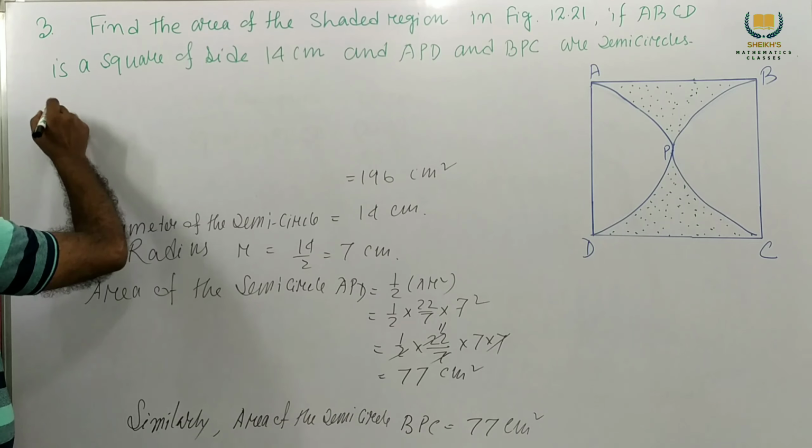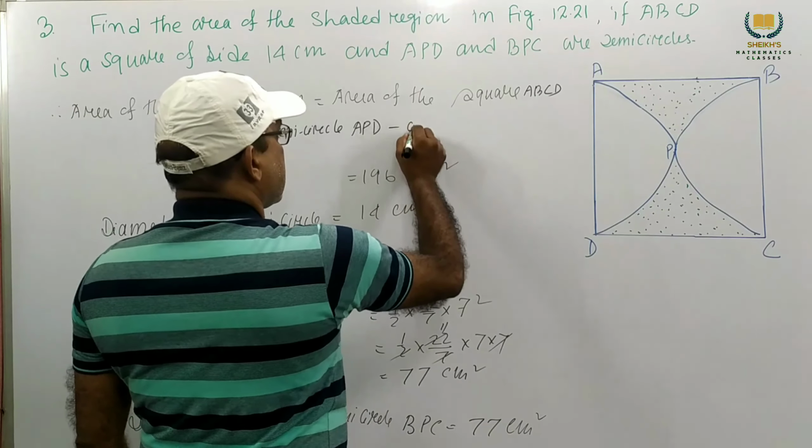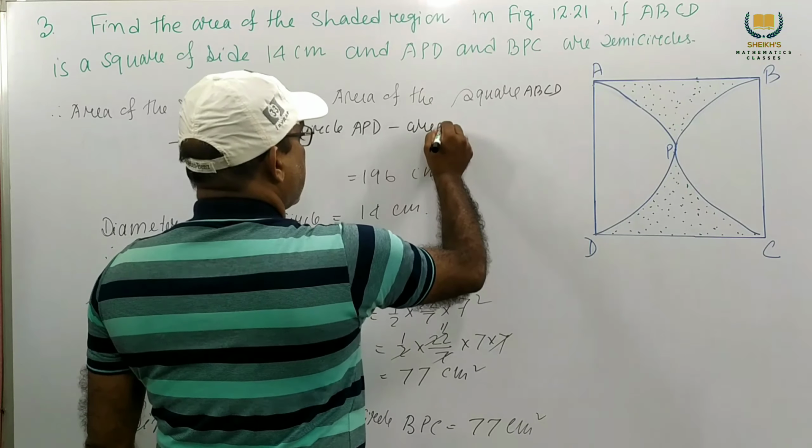Therefore the area of the shaded region is equal to the area of the square ABCD minus the area of the semicircle APD minus the area of the semicircle BPC.